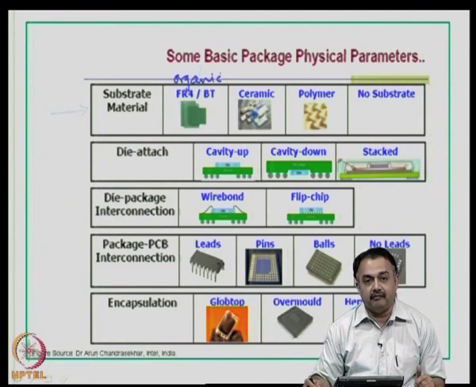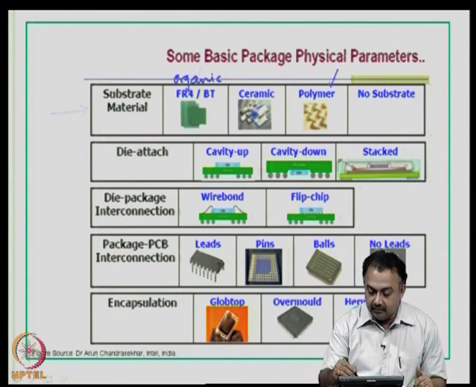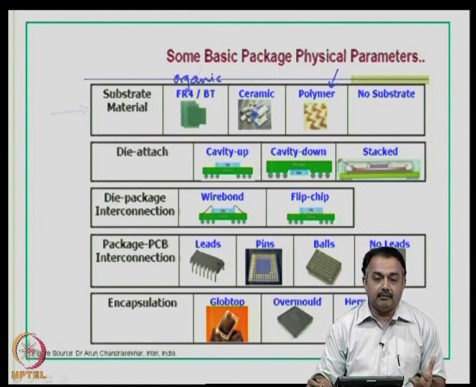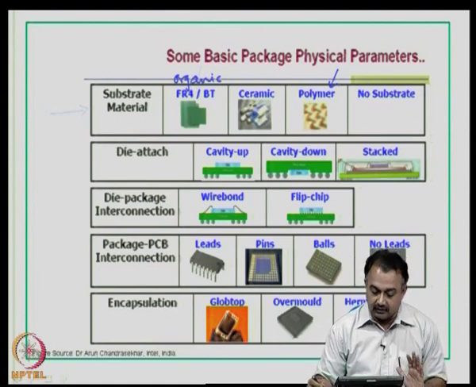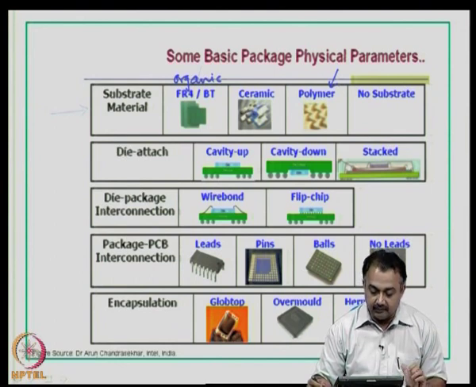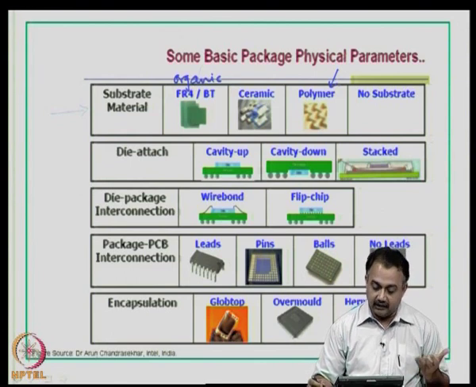FR4 is basically a flame retardant class 4 material. Then you know what is a ceramic substrate. Then polymer could mean specific polymers used for specific properties like low dielectric constant and so on. If you are very particular, polymers of different types could be used as a substrate material in the package buildup.